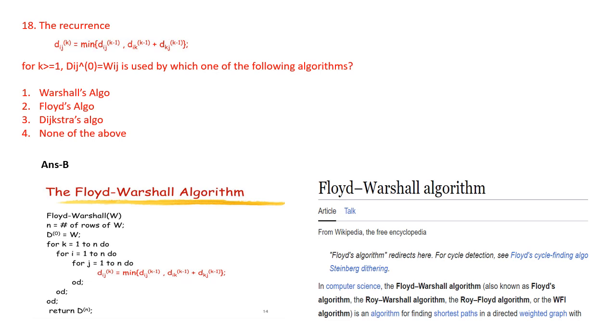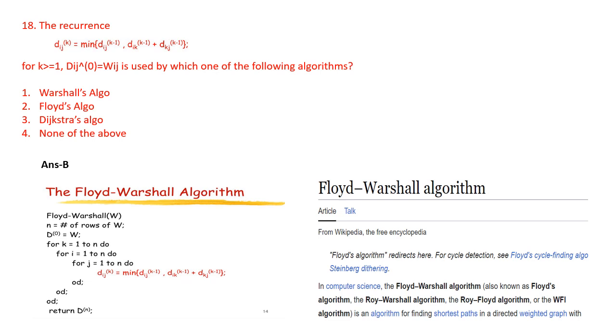Yeah. But the options are a little confusing. Here you can see the first option is Warshall algo and second is Floyd algo. So it is the Floyd-Warshall algo, but the name is like first word and second word. But I was going through some link, a Wikipedia link there on the right side, you can see and you can read.